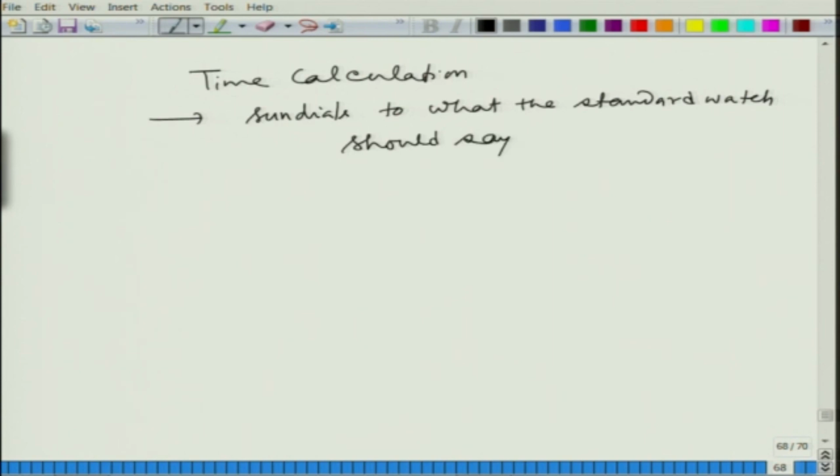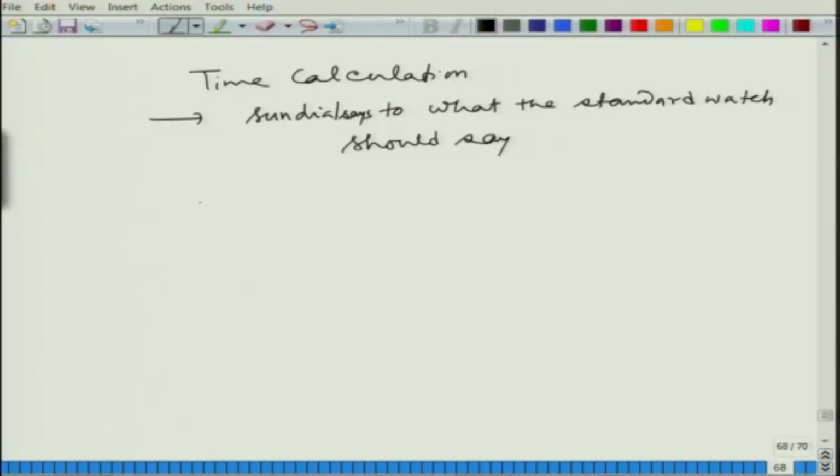And it incorporates where exactly you are depending on the standard time location, east or west, and also incorporates the day length variation, which is accounted for by the equation of time.